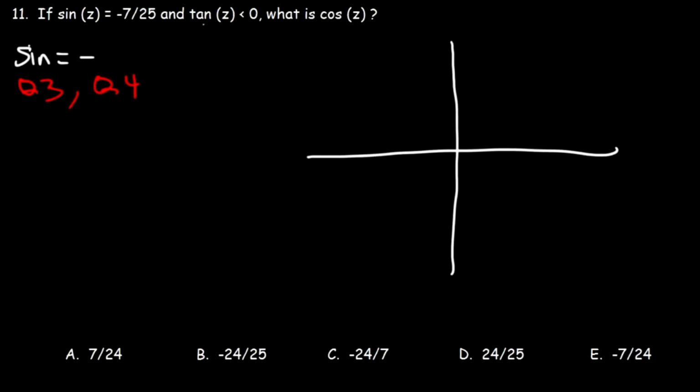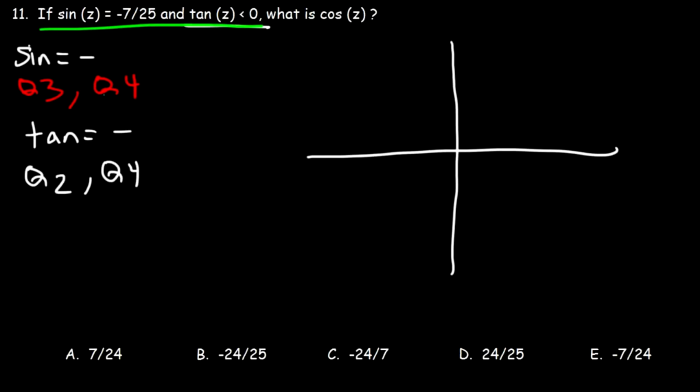Now tangent is less than 0. That means tangent is negative. And tangent is going to be negative in quadrants 2 and 4. So therefore, these two statements are true in quadrant 4. That's where we're going to have to draw the right triangle.